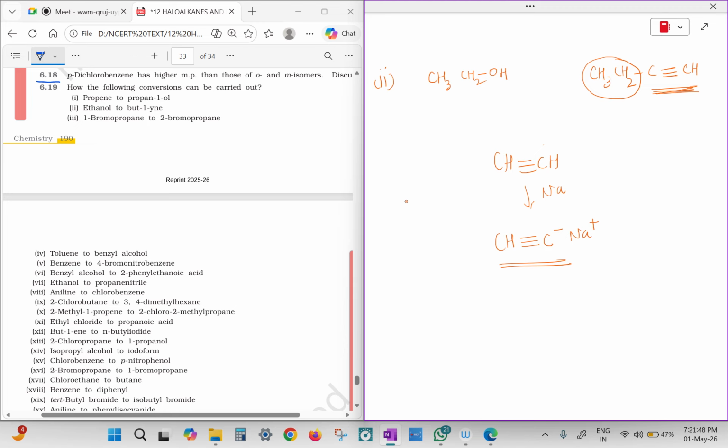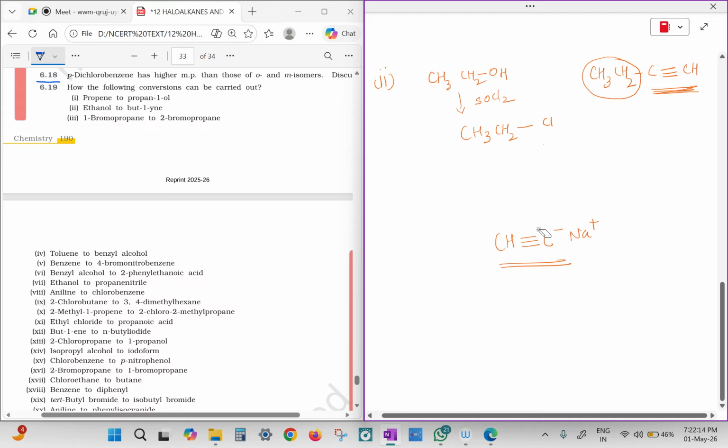Can you use acid, H plus? But won't the H plus also be desired by the C minus? So the idea is don't use H plus. Instead, you make it a good leaving group. So treat it with SOCl2 or any of the halogenation reactions that you have, and now react it with sodium ethanide.